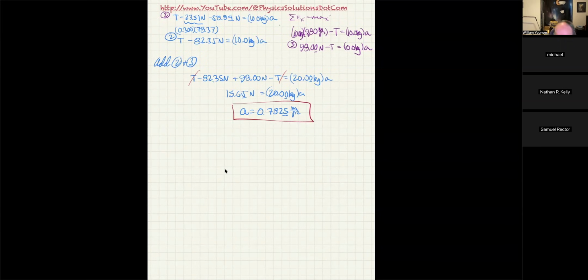But that's it. That's the acceleration. Sorry about that little boo boo there. Glad we were able to find it, but at the same time, I hate that I made that mistake. But that makes a big difference, obviously, if you're using 0.3 instead of 0.4. Anybody have any questions on that?